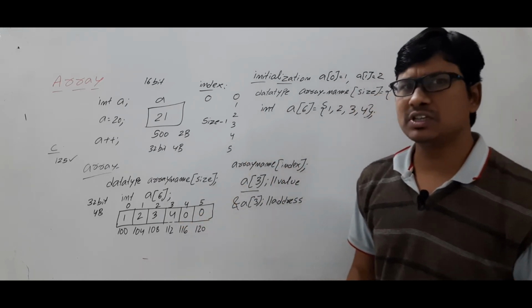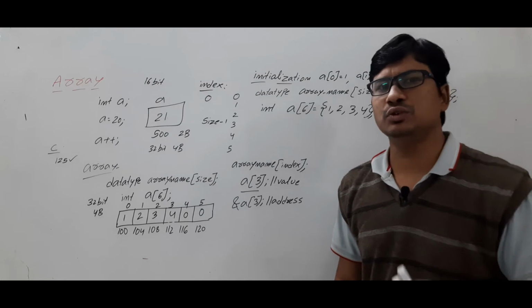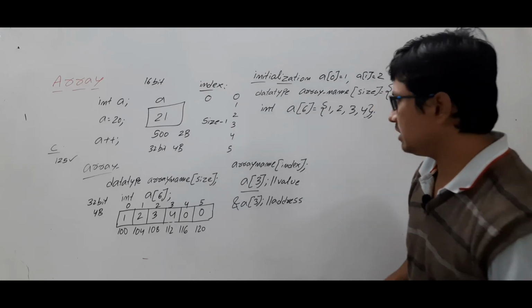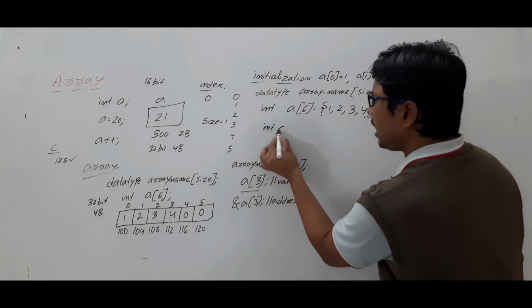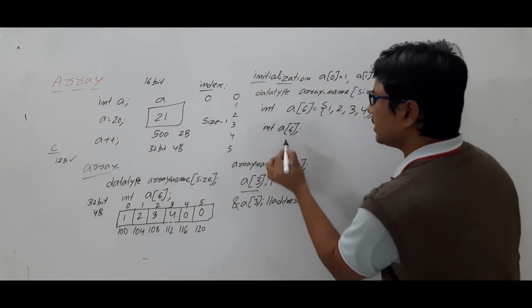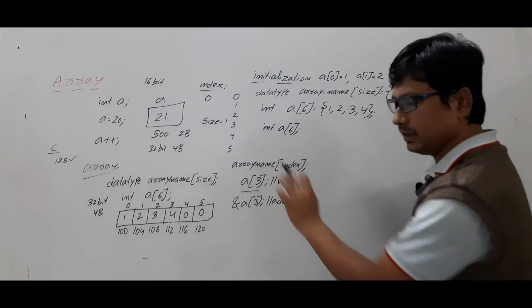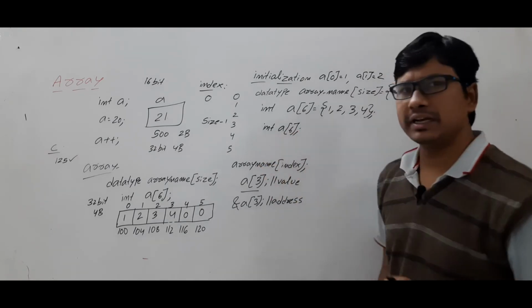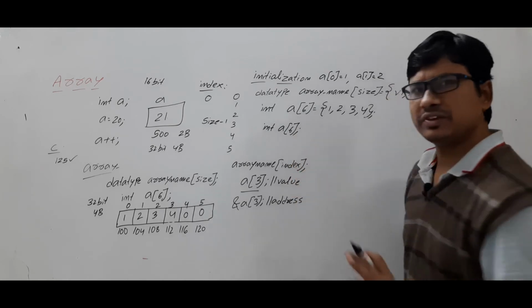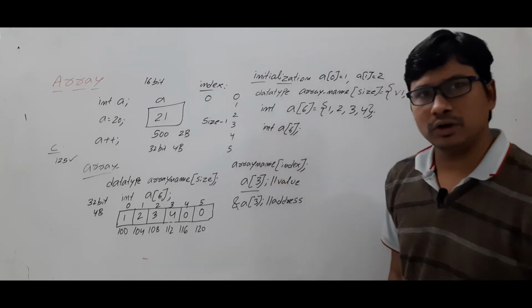Now you can ask me, sir, we have studied in a textbook that it will show garbage values. That also I will discuss here. Suppose you have declared an array A. Any name you can use, but for simplicity I am writing it as A, and you are specifying the size and the data type also.